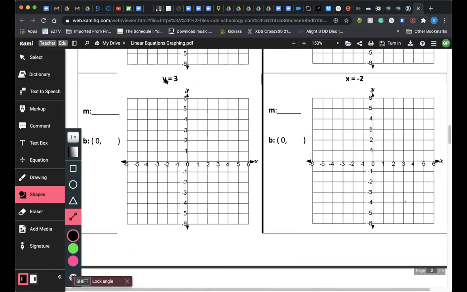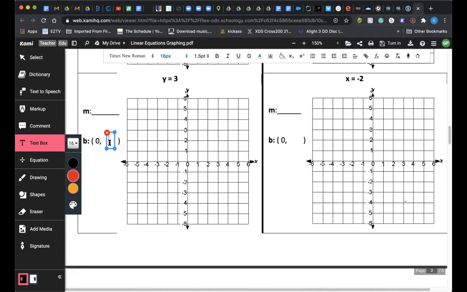Or my slope is going to be equal to 0 in this case, right? Because I have just 3, which means I know what my b is. So I can put a value in for my b. Because there is no x value, I know that I have a b, but I actually do not have a slope, okay? And this slope is not equal to 0, it's actually not existent, right?